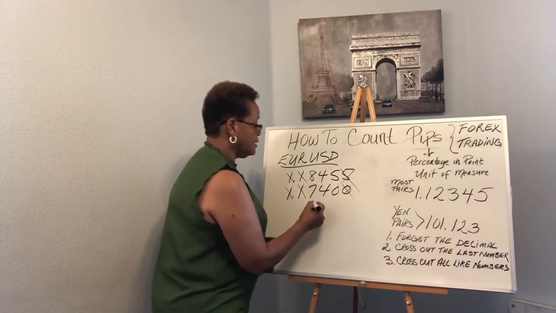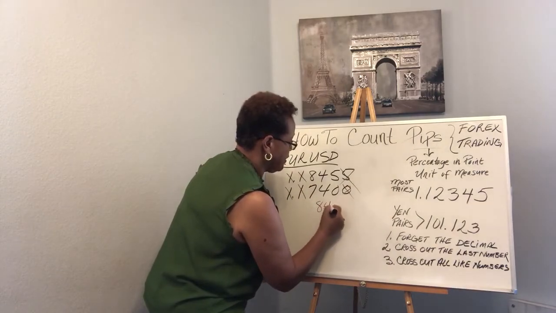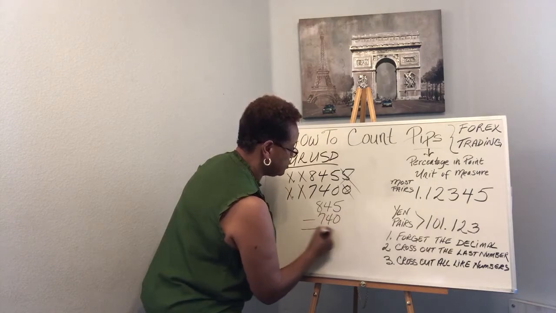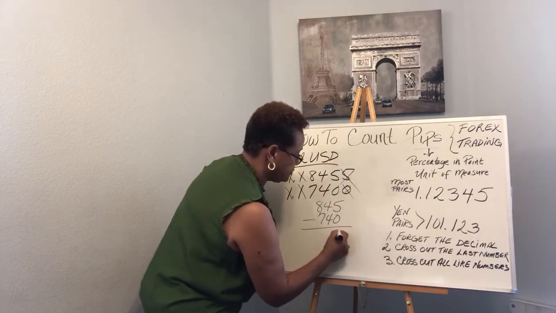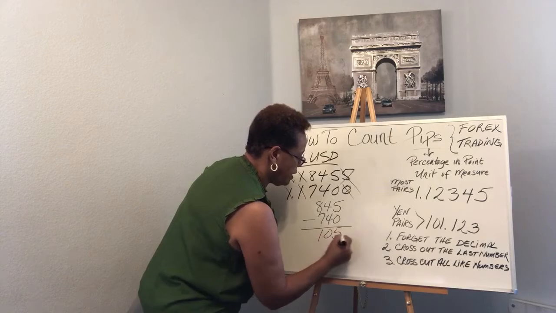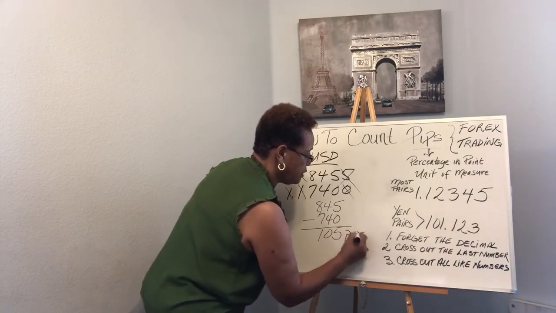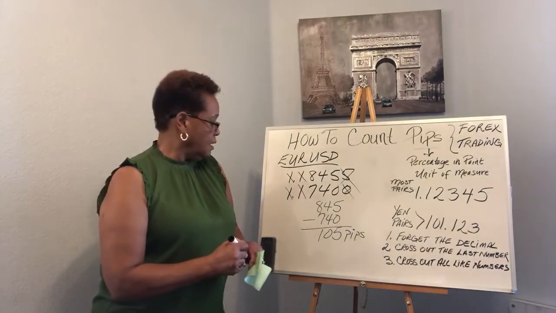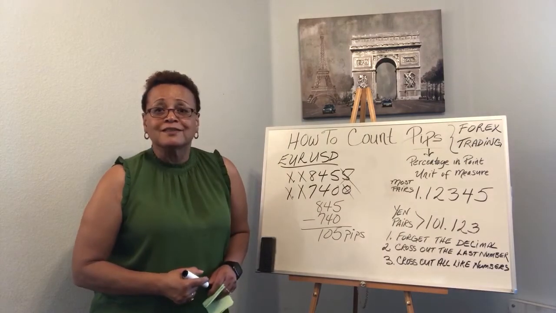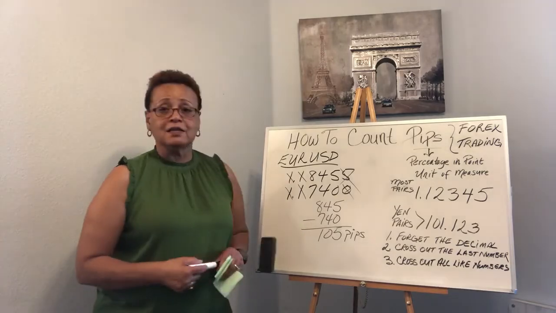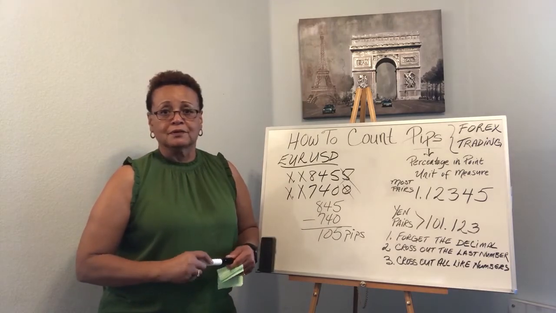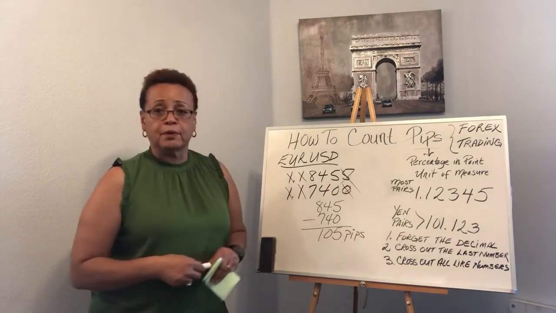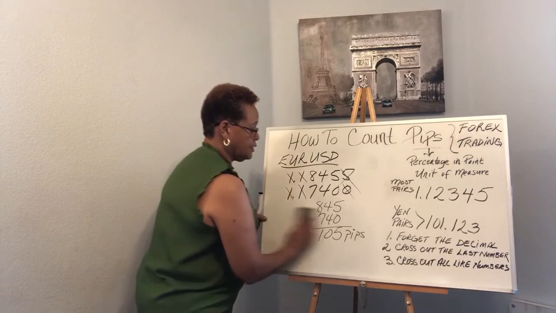What's left is 845 and 740. Now we subtract the bottom number from the top number, and this will determine how many pips we are looking at in our trade. And that's basically it. It's very easy and very simple, like basic math. Now I want to do another pair for you so you can get the hang of it.